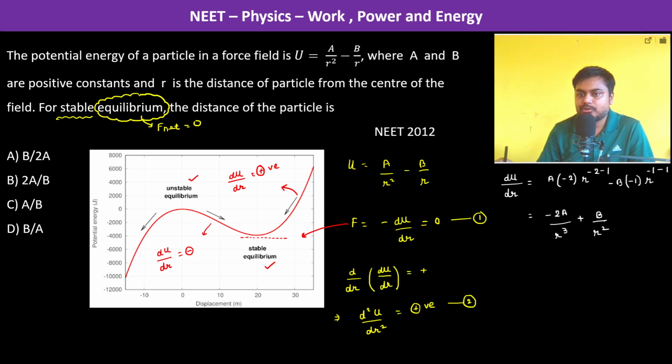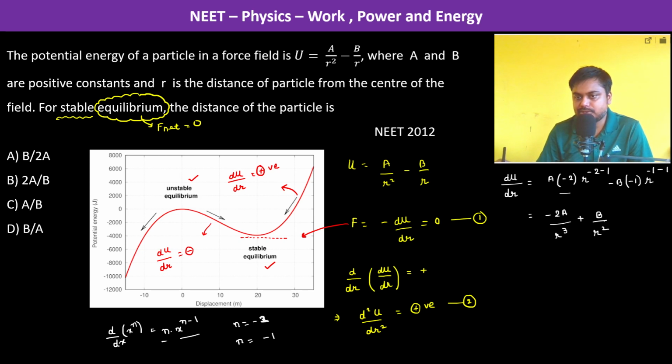Here the differentiation is done by using the formula d by dx of x to the power n is equal to n into x to the power n minus 1. In the first case n is equal to minus 2, and in the second case n is equal to minus 1.